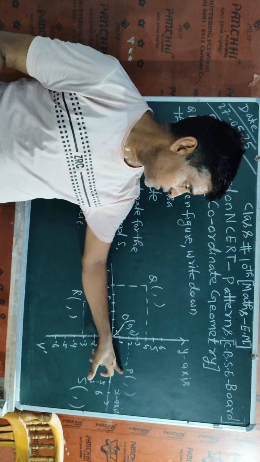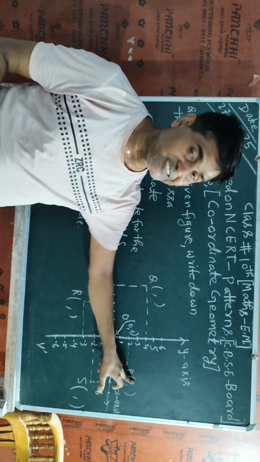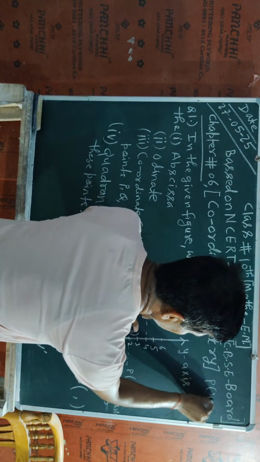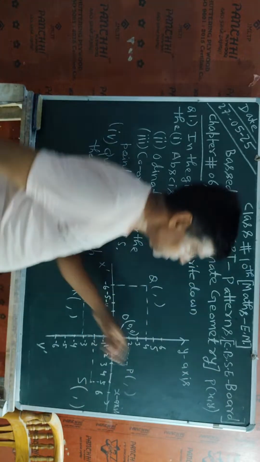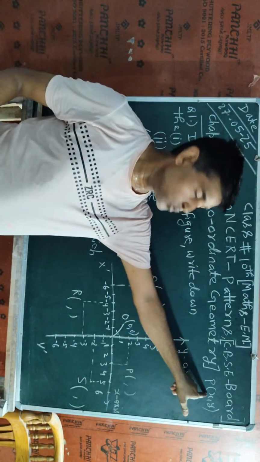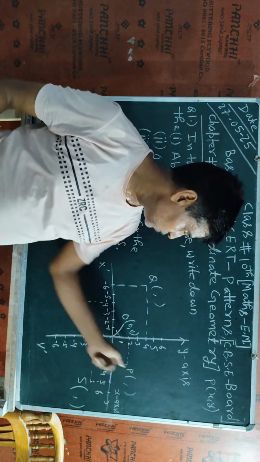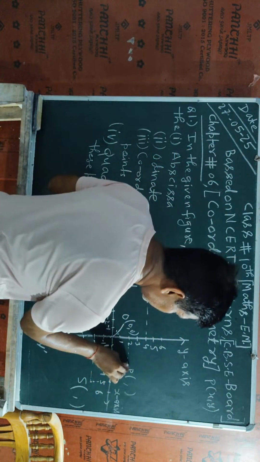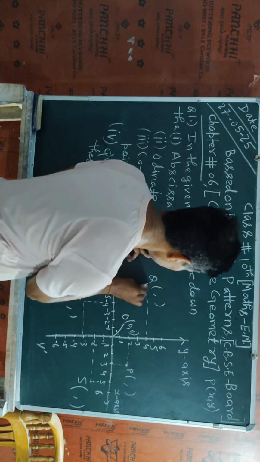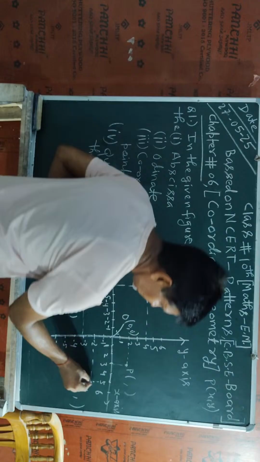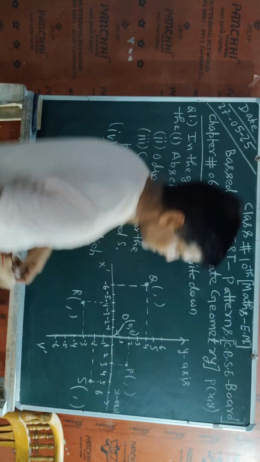Now the point P. Any point is written in the form P (x, y). So x is called abscissa and y is called ordinate. So we have to find the coordinates of this point, and also of this point, and also of this point, and similarly I will take the coordinates of this point.